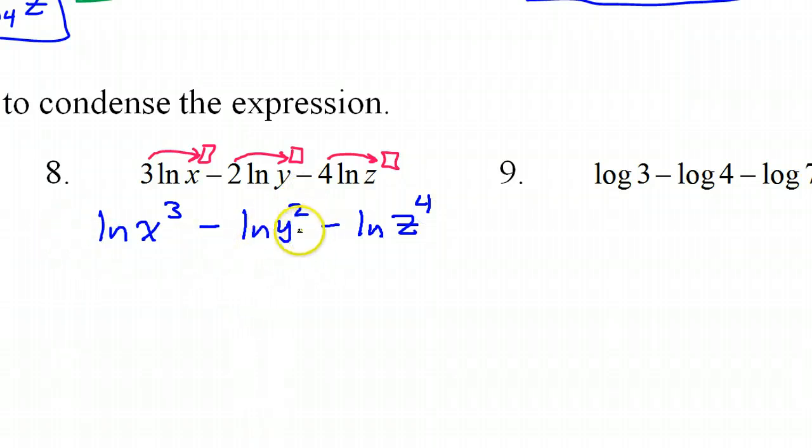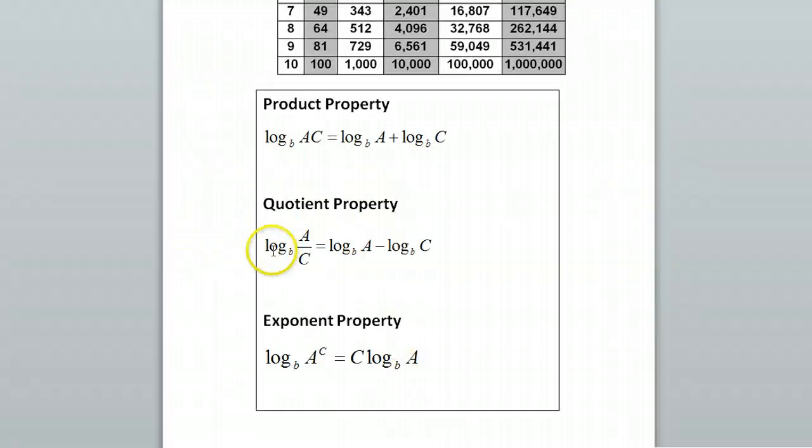Okay, now let's go in order. So if I do these two first, just because they come first, the difference of two logs, reversing the quotient property, can be written as this quotient, the log of a over c.